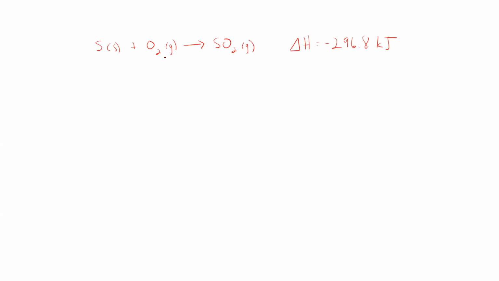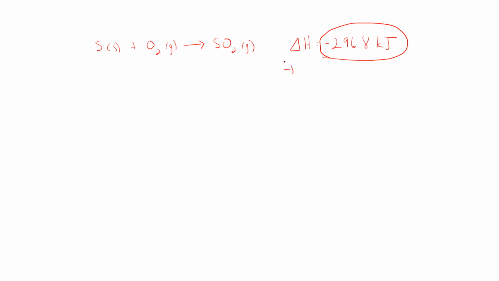So when you look at this chemical reaction as written, we're saying 1 mole of sulfur reacts with 1 mole of oxygen to produce 1 mole of sulfur dioxide. When that happens, we get this enthalpy change that is negative. This negative enthalpy change says that energy is given off to the surroundings.